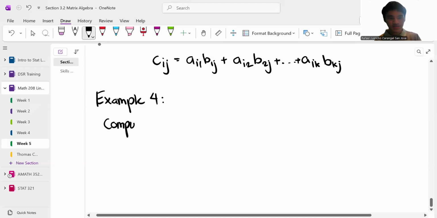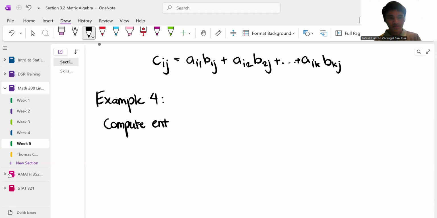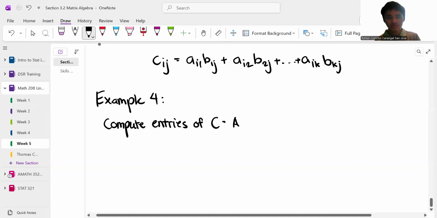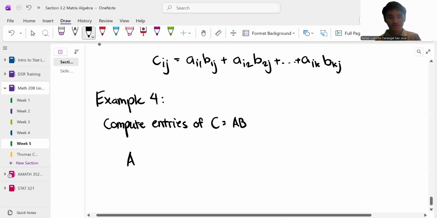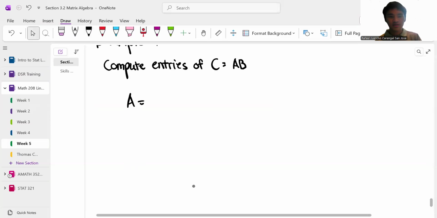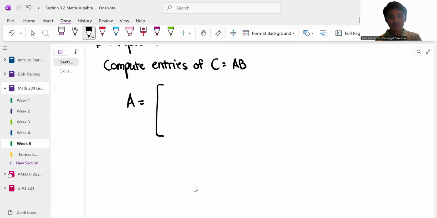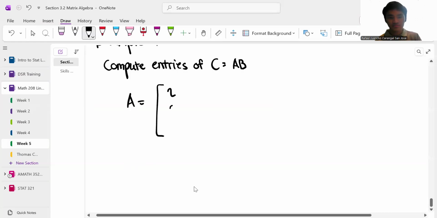Okay, let's try this. Let's compute entries of C, which is a product of matrices A and B. Let's say A is a 3 by 2.